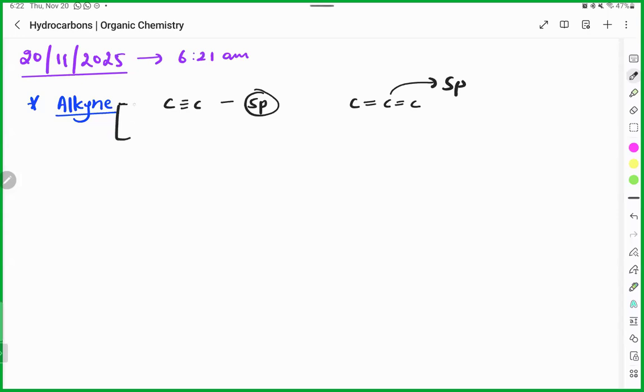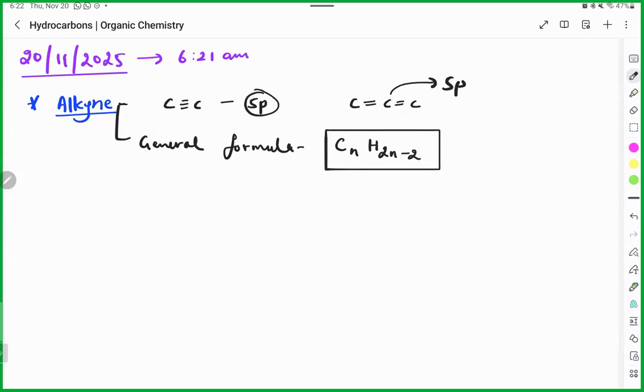Anvita, what is the general formula of alkyne? CnH2n minus 2. It helps you to identify the bigger compound.